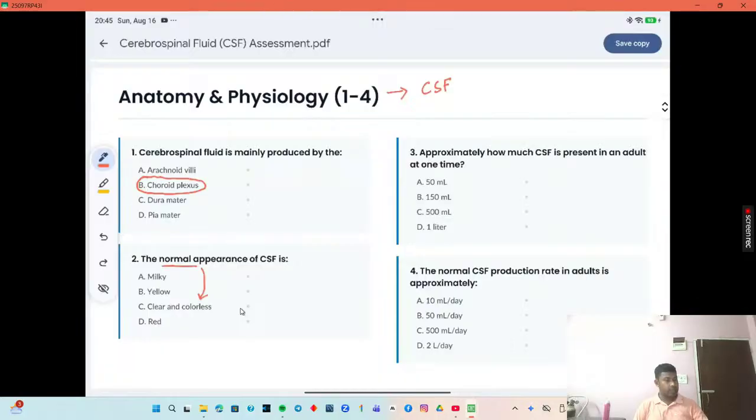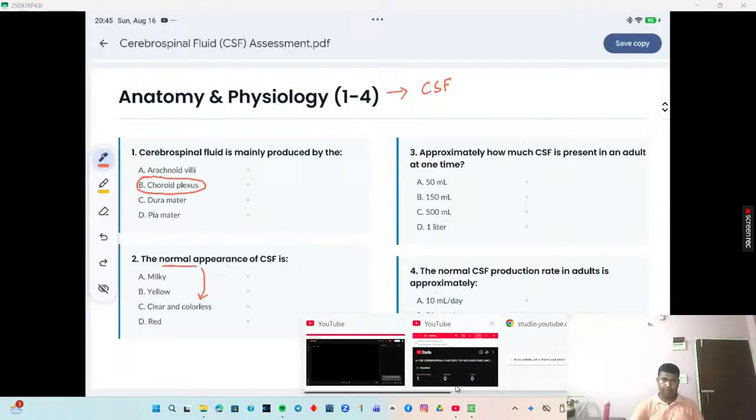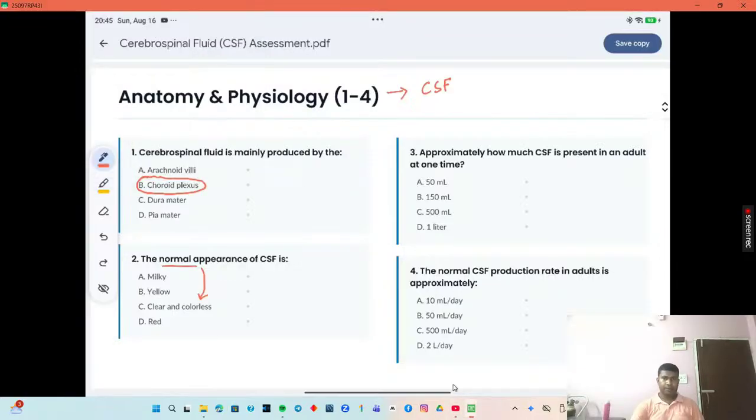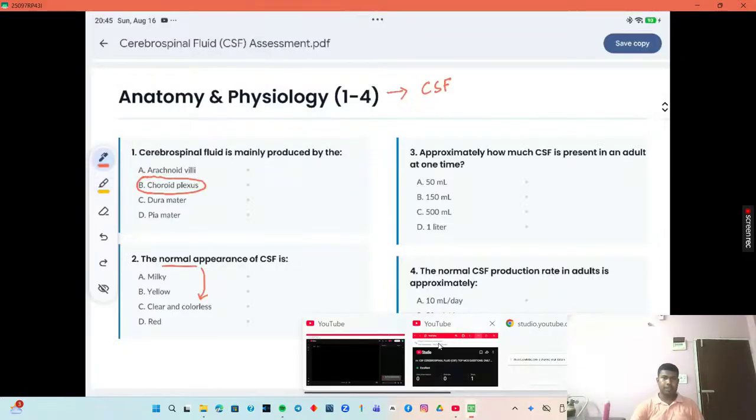Is it clear to you? If you have any question, then you can ask me in the chat box. So, what is the normal appearance of cerebrospinal fluid? It is clear and colorless.